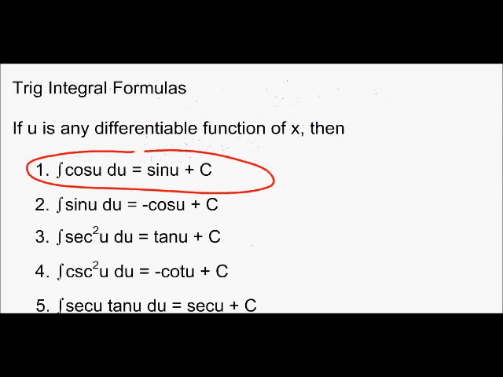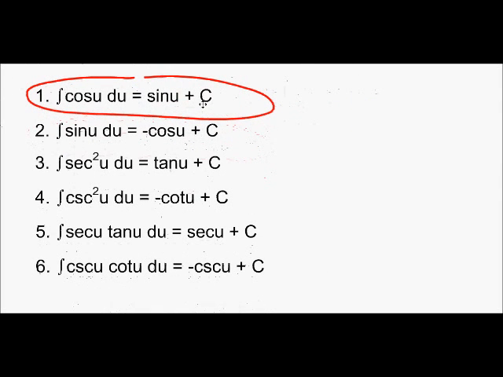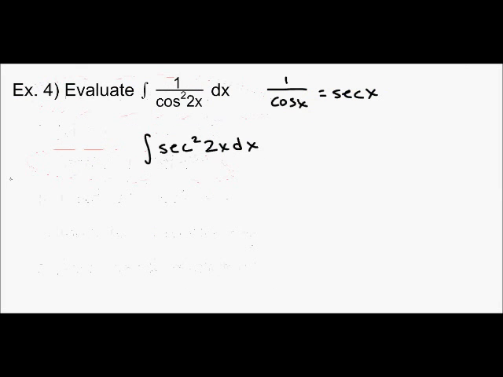And this takes care of another issue too. If I were to try to integrate cosine squared x, you see that's not really on my list of options. But right here on number 3, I do have secant squared. So that made my life easier twice with one step.